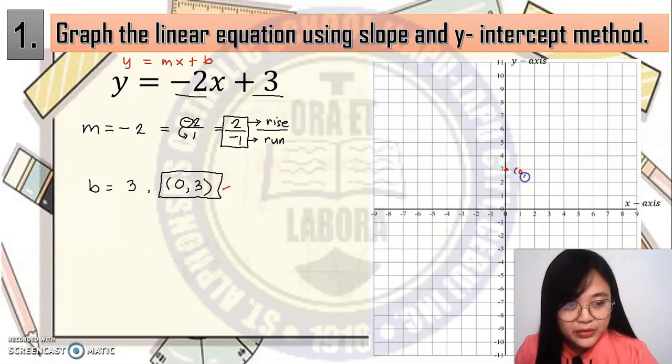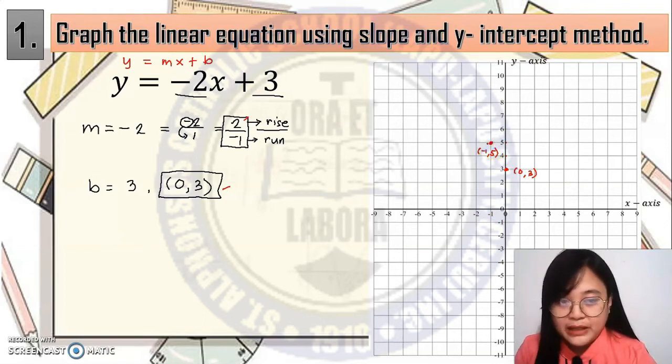Label (0, 3). Next, class, you will rise 2 units upwards. So 1, 2. Next, you're going to run to the left since it is negative. So 1. So the next point is (-1, 5). I want you to label it properly.